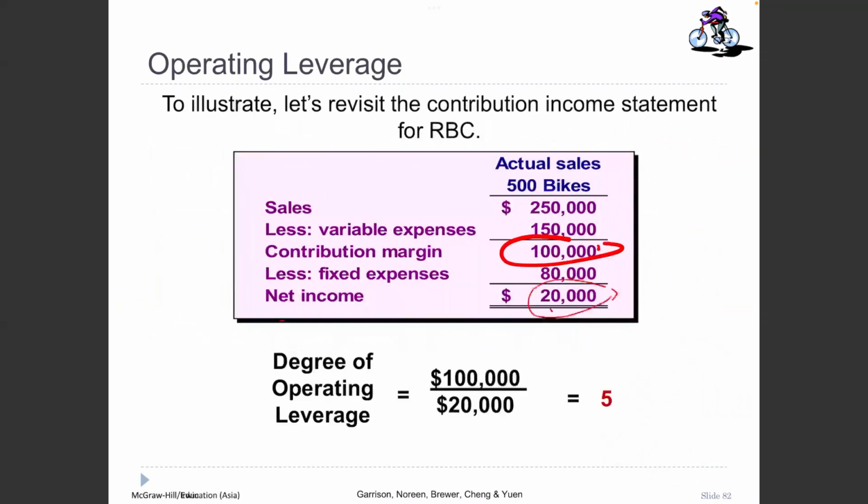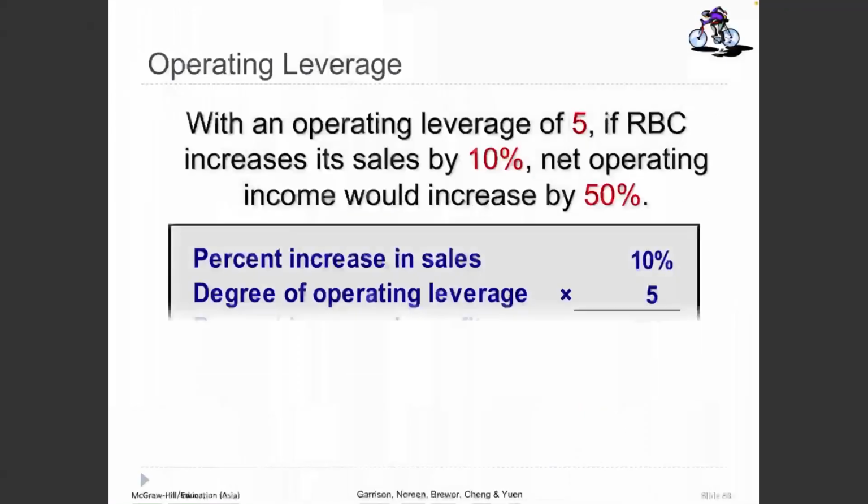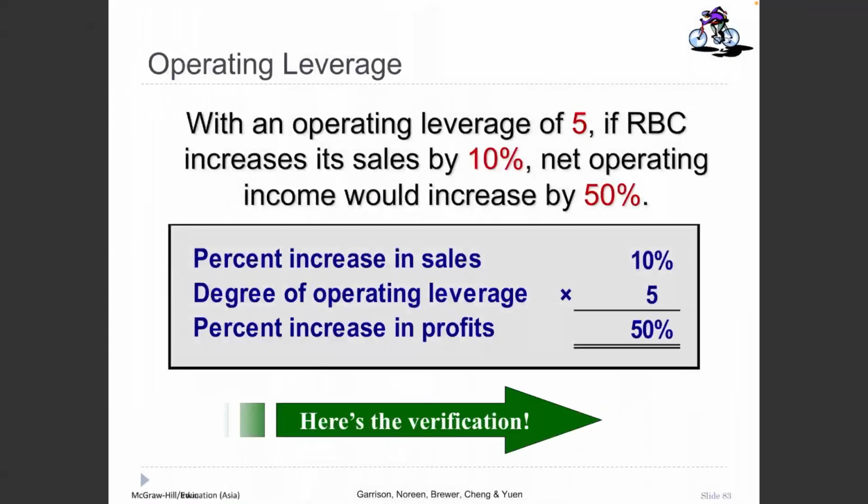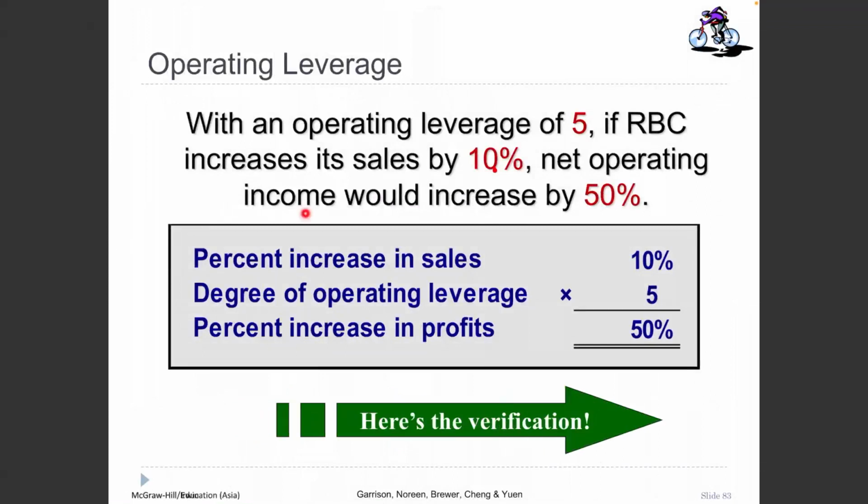Divided, you get 5. So the degree of operating leverage is 5. With an operating leverage of 5, if RBC increases its sales by 10%, the net operating income would increase by 50%.